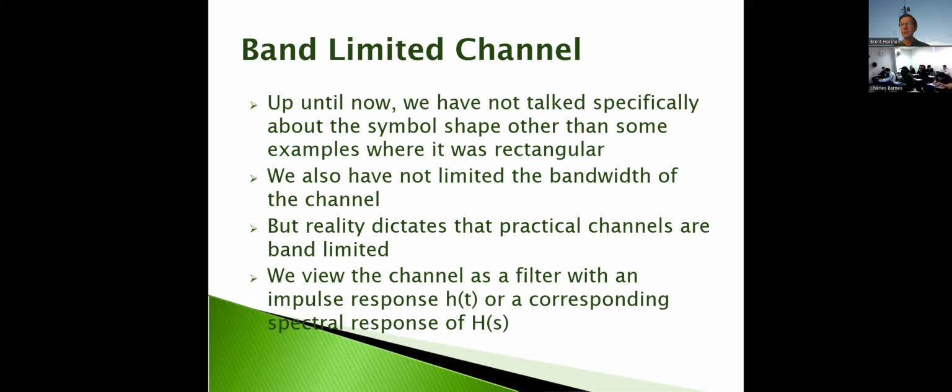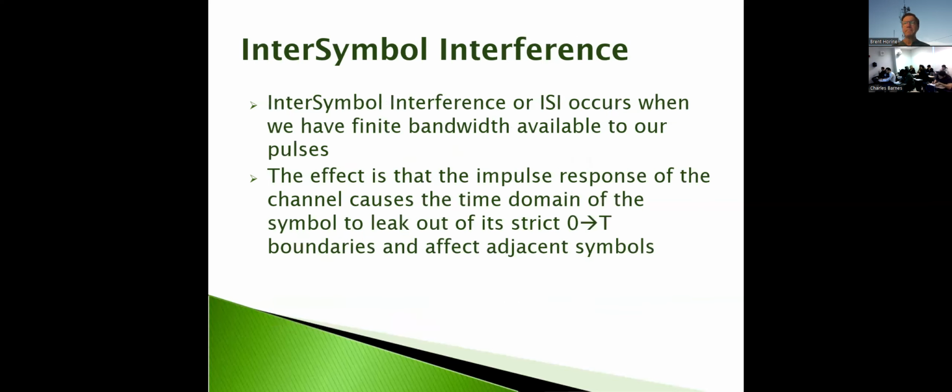So we can view that channel as a filter with the impulse response h(t), or corresponding spectral response H(s). We're going to look at that as basically a bandpass filter, or in some cases, or some perspectives, a low pass filter. Okay, I don't think I'll go any farther here.